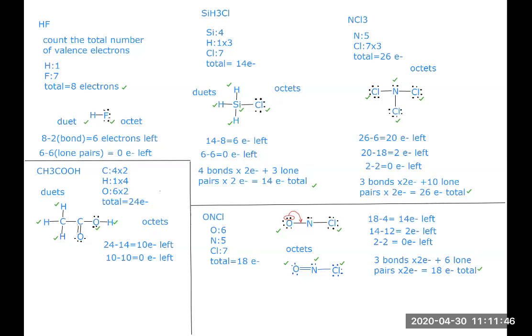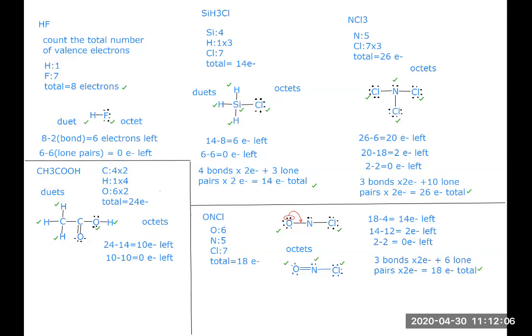Okay, so now we have a double bond between the bottom oxygen and the carbon. And so this way, carbon has 2, 4, 6, 8 electrons around it. And the oxygen still has 4 from the double bond plus 4 from the lone pairs, that's 8.